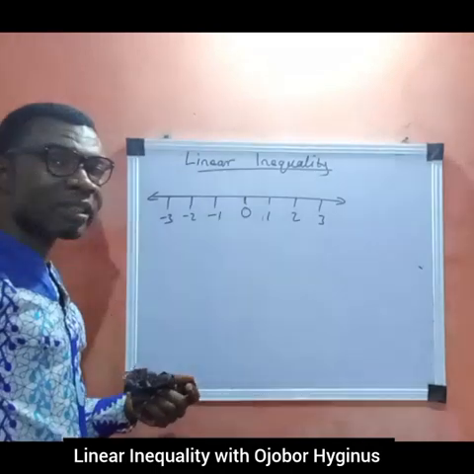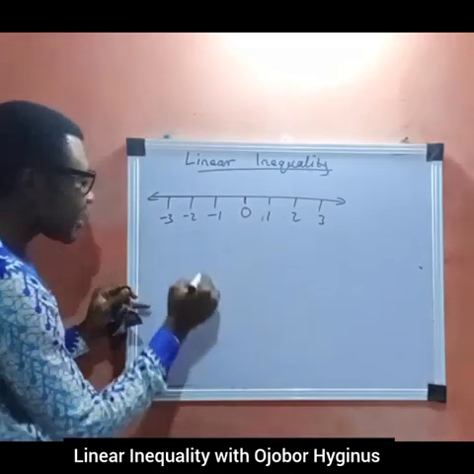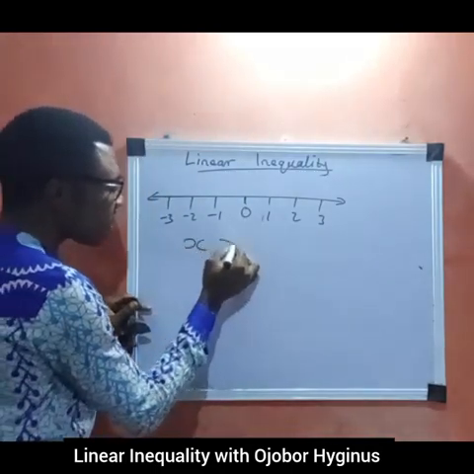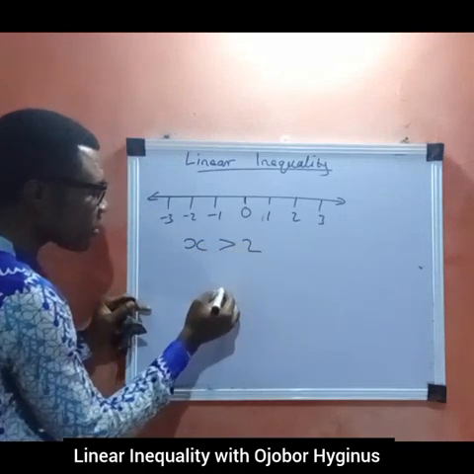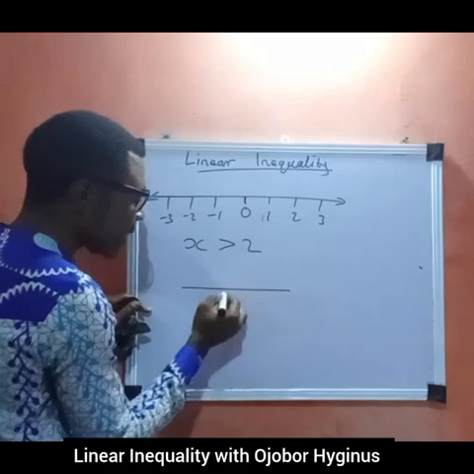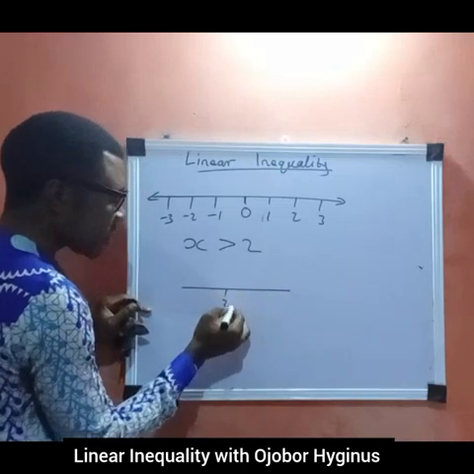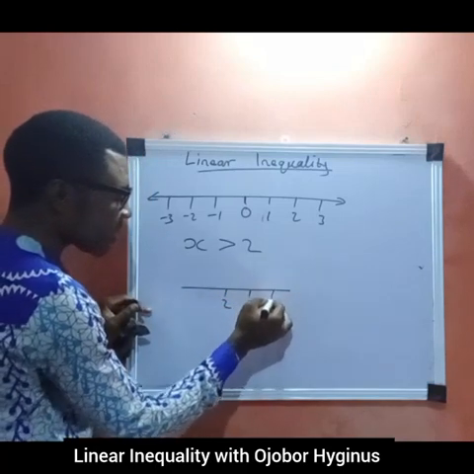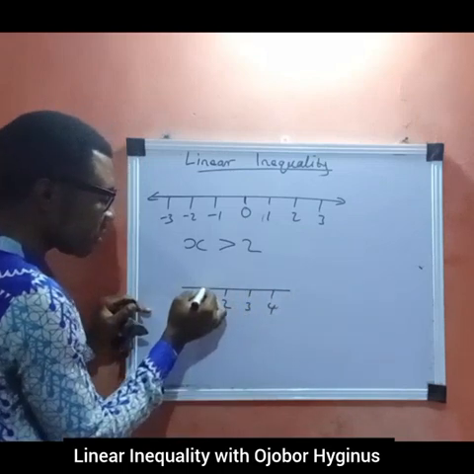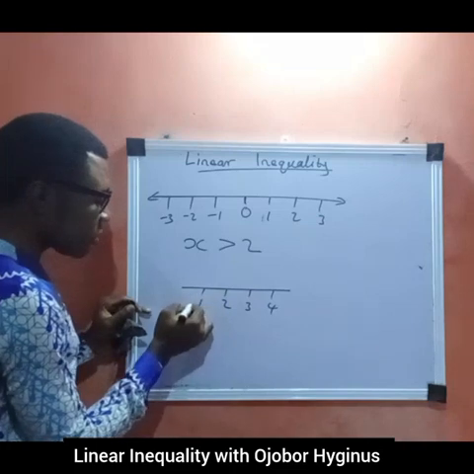So how do we represent inequality on a number line? If, for instance, I get x is greater than 2, on a number line what I will simply do is draw a line. Of course, identify 2, identify one or two numbers greater than 2. Of course, I can equally identify 1 or 2 less than 2.